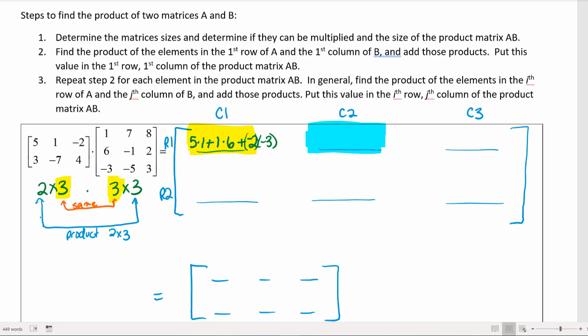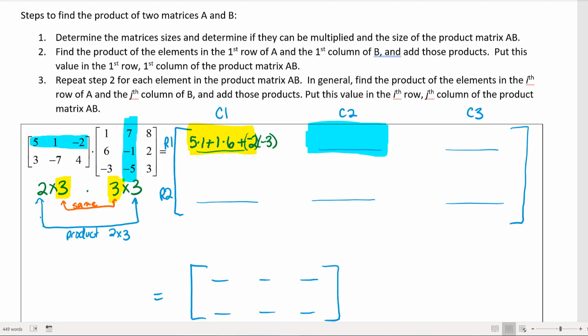Okay, for the second element, I am looking for the element in row 1 and column 2. Because the blue highlighted area is in row 1 and column 2, I'm going to highlight row 1 of my first matrix and column 2 of my second matrix in order to get my first row, second column value.